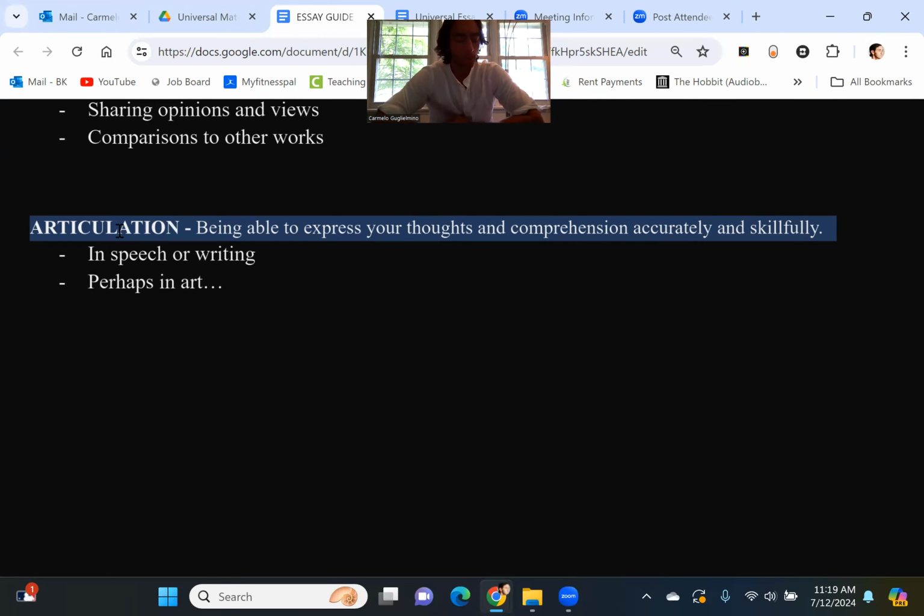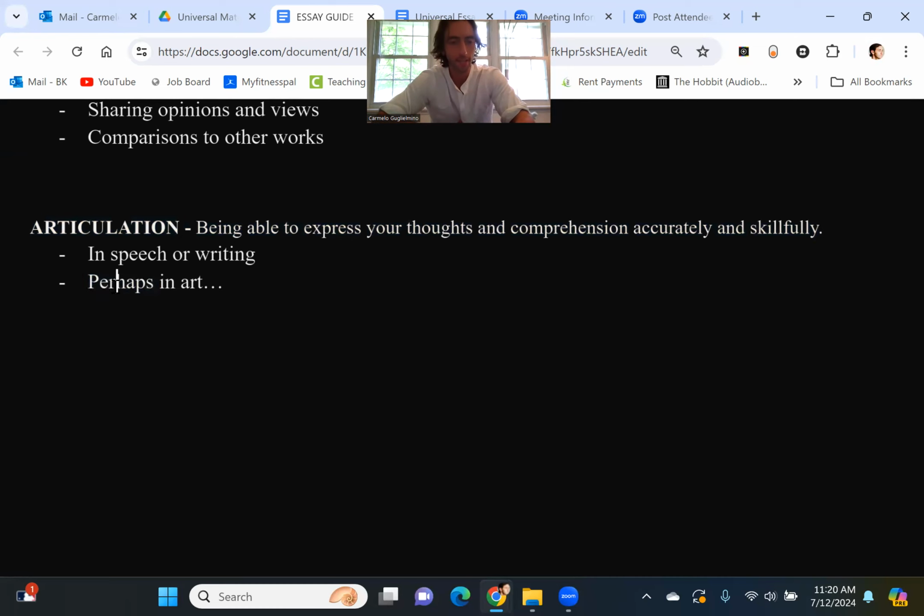Okay. So the other form of articulation, I just have to throw it in there, similar to the music one in the previous section on comprehension, is that we usually can find some form of articulation in artwork as well. All artwork is, on some level, along with many of the other things it's trying to do, articulating something to us.